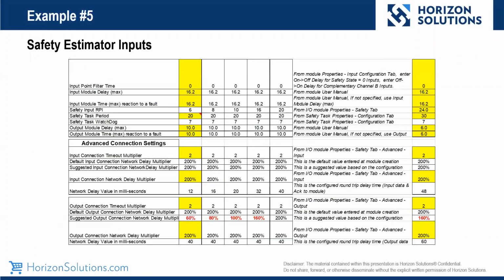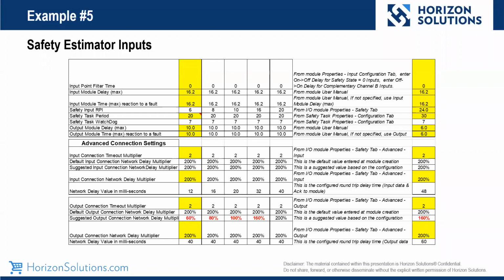So when using the input portion, each of these columns can be utilized. So the column with the yellow, those are the inputs, your general inputs. However, to the right of those columns, you could change the white cells that are in line with those yellow cells and compare multiple devices, multiple safety systems.